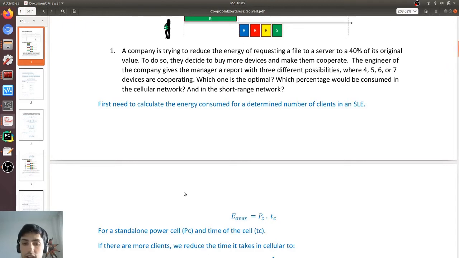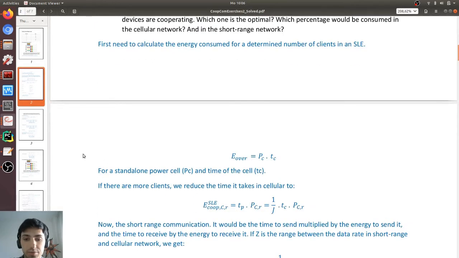This is for a standalone user. What we have right now is one user, getting the power of the cell and the time. If there are more users, then of course this will change.